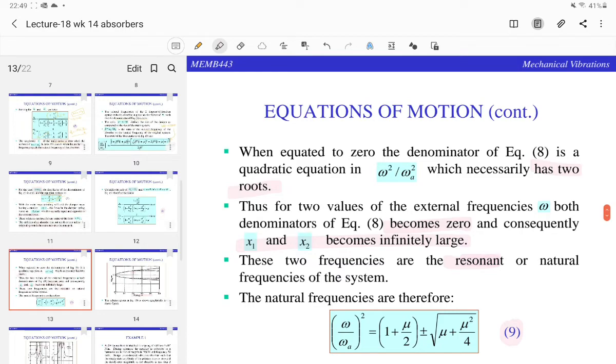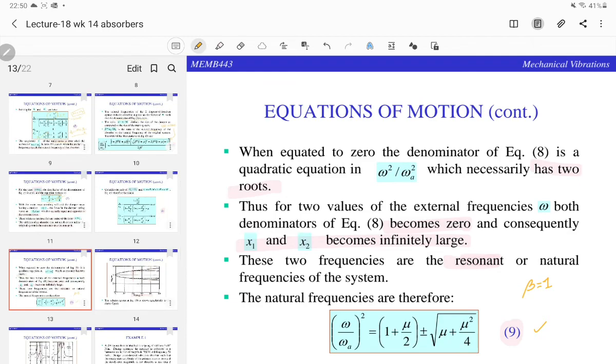And if you have a case where your beta equals 1, meaning the natural frequency of your system equals the natural frequency of your absorber, then you can use equation 9.